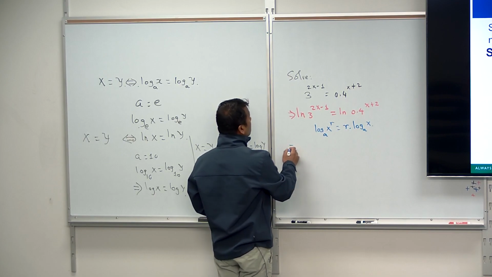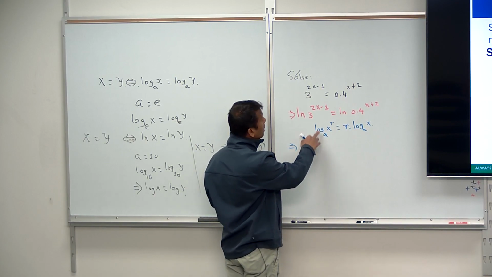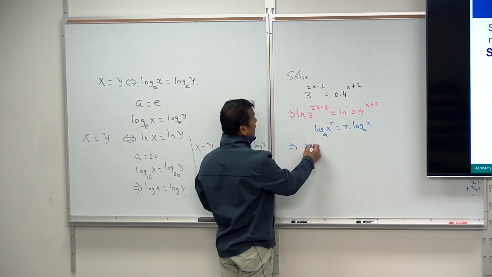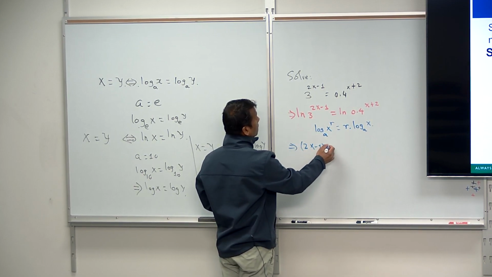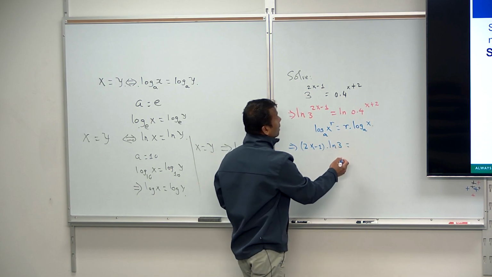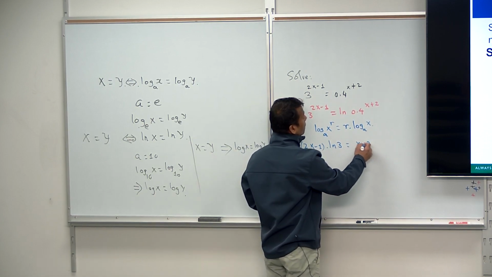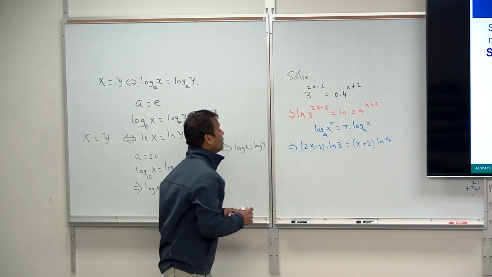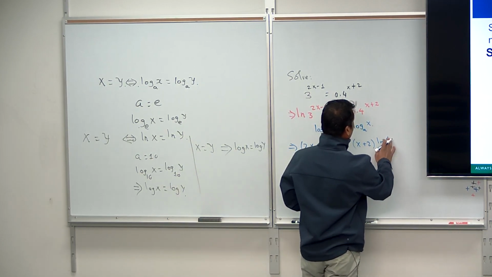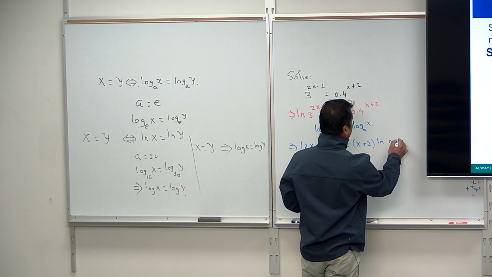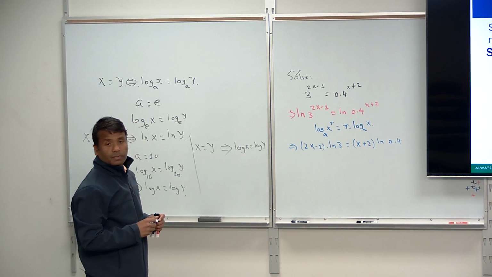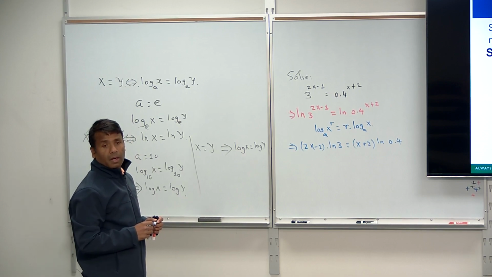So now if you apply this property, you can rewrite this as 2x minus 1 times ln 3 equals x plus 2 times ln 0.4. You got it?